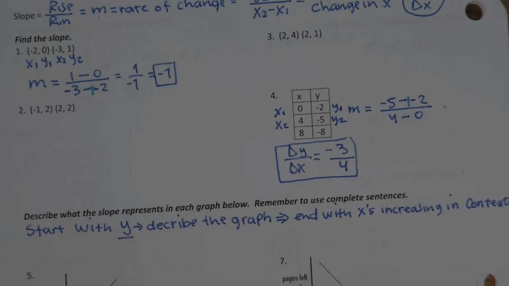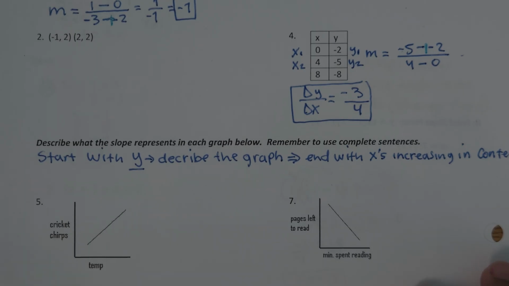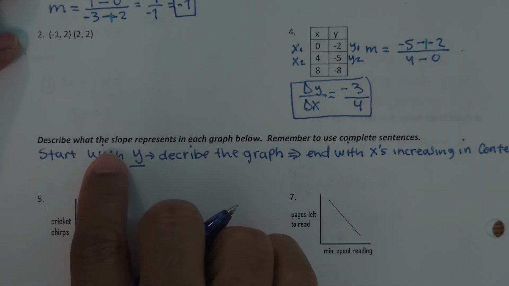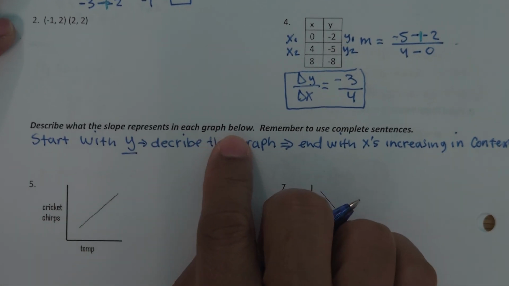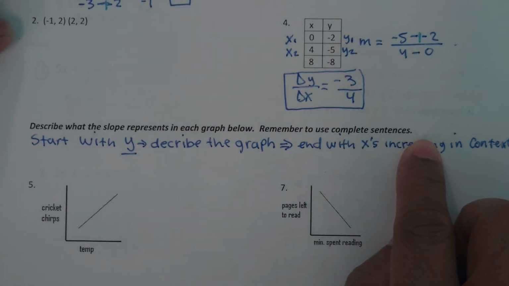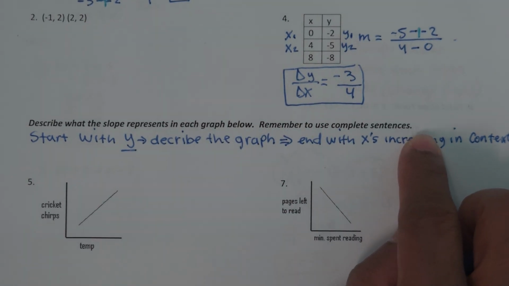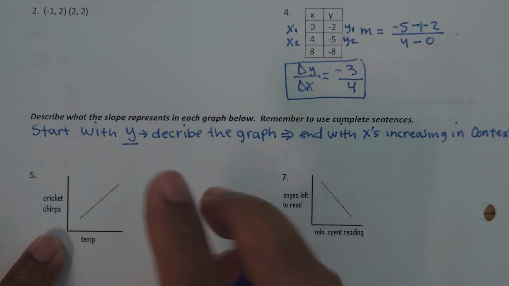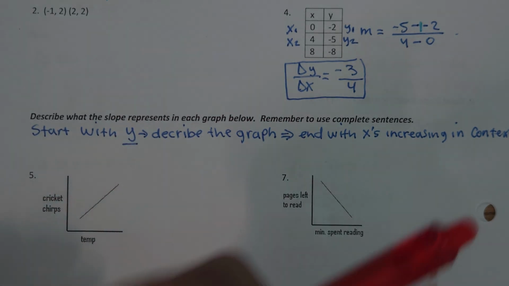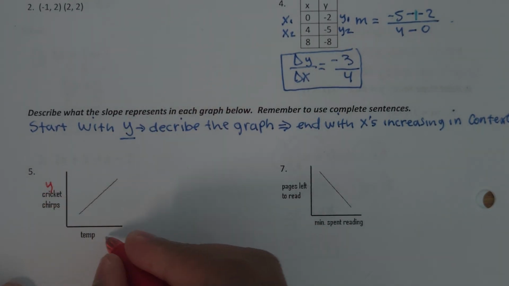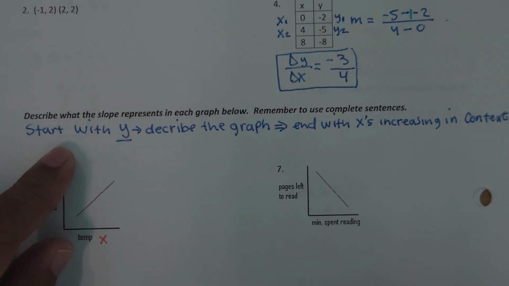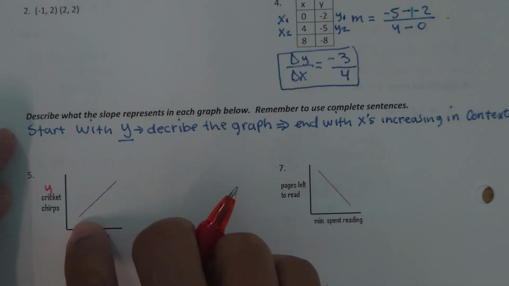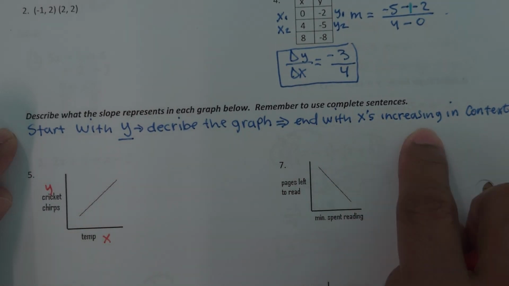All right. For this next section, we are going to describe what the slope represents in each graph below. Remember to use complete sentences. We're going to start with the y. This will be the y, and this will be the x. So start with the y, describe the graph, and end with the x increasing.